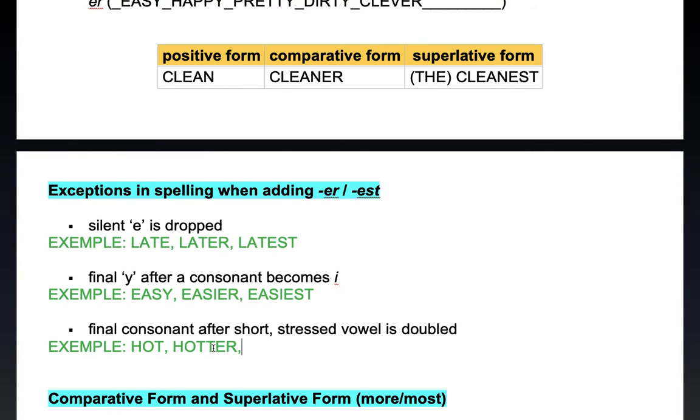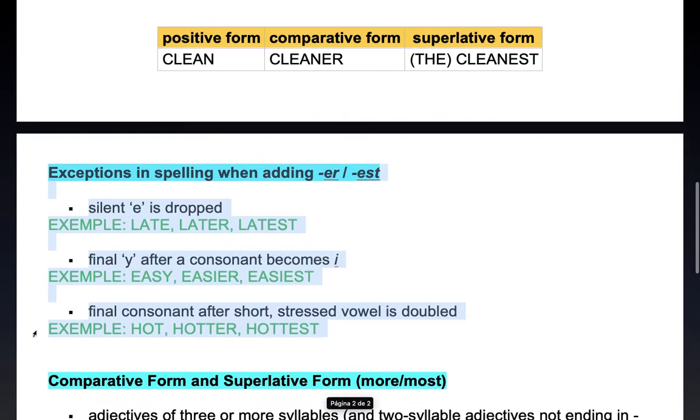So you double this letter, you double the T, and finally we have hotter, hottest, like that. Very simple. Just 3 exceptions, solo 3 excepciones para tenerlos en cuenta.